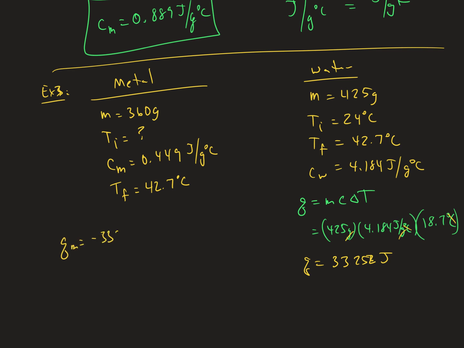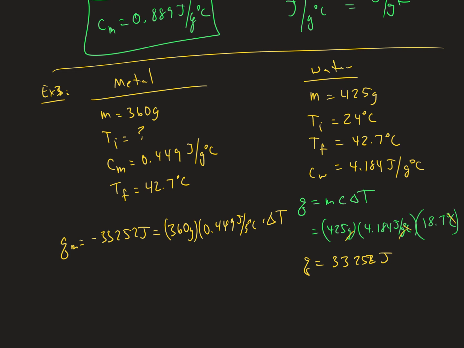Okay. So that means the heat of the metal is going to equal what? Negative 33,252 joules. And that's equal to mcΔT. The mass is 360 grams, the specific heat capacity is 0.449 joules per gram degrees Celsius, times the change in temperature. I'll just leave it like that for a minute because it's getting a little messy.